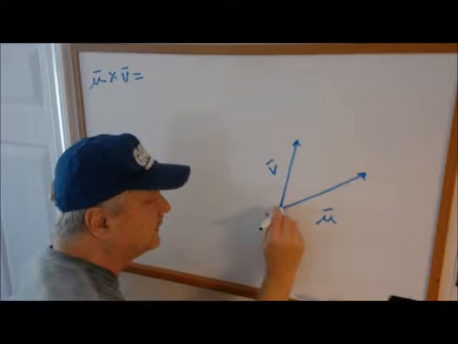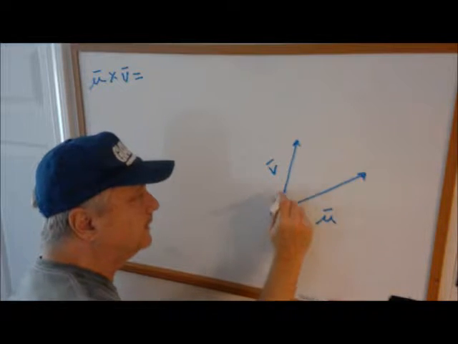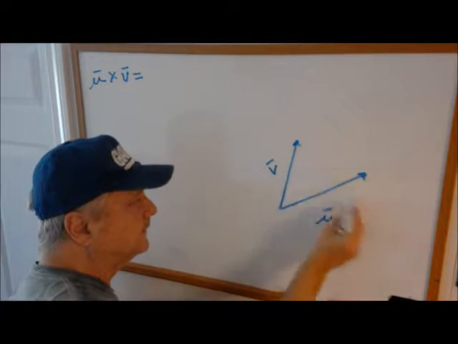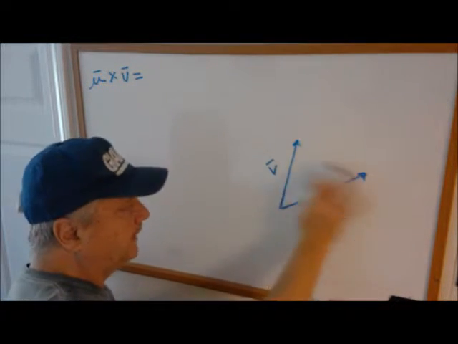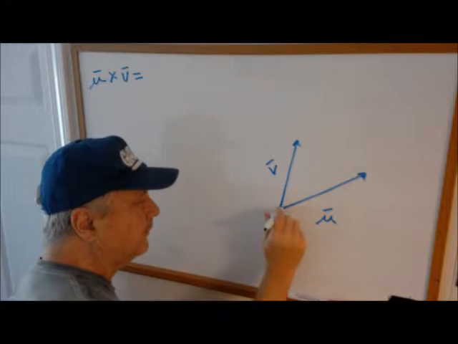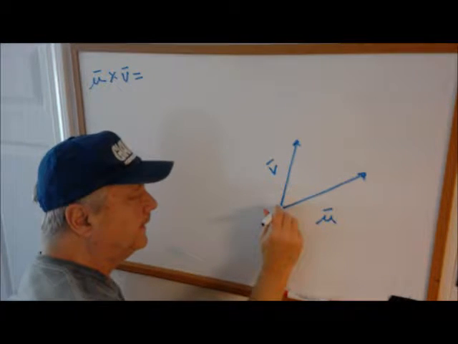So it looks like this. It's perpendicular to the plane of these two vectors. So these are on the whiteboard, so u cross v is perpendicular to the whiteboard.